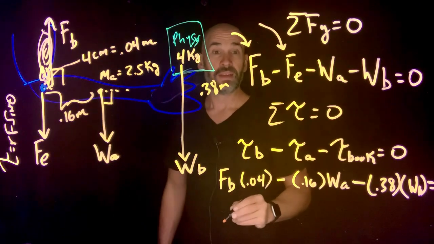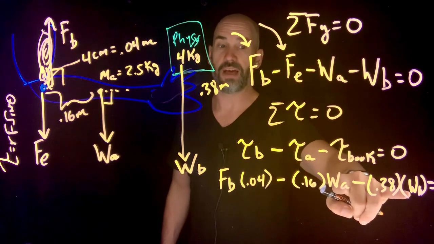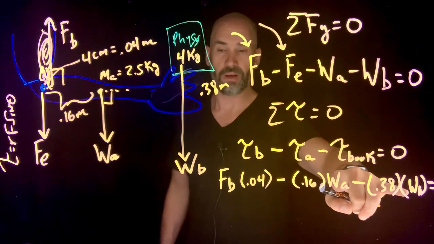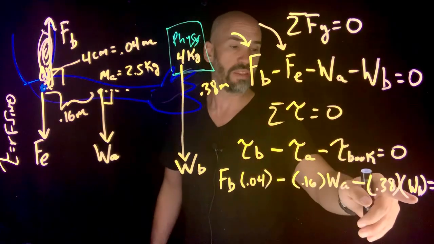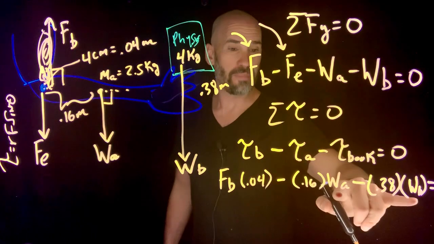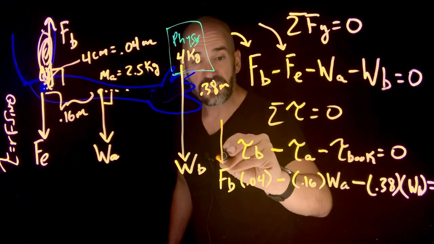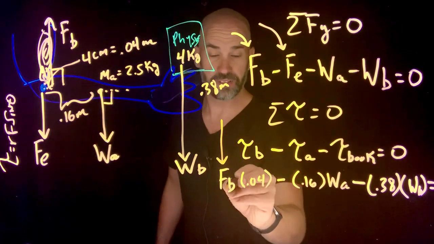Pretty cool. We can just go ahead and calculate those. In fact, I encourage you to go ahead and calculate them on your own. So weight of the arm is 2.5 times 9.8. Weight of the book is 4 times 9.8. Sub that in. We can easily then just solve for the force of the bicep.